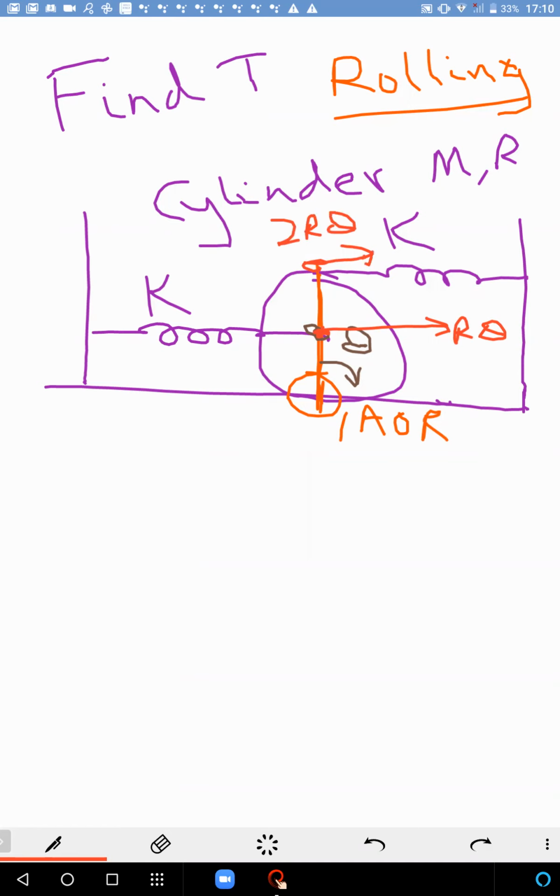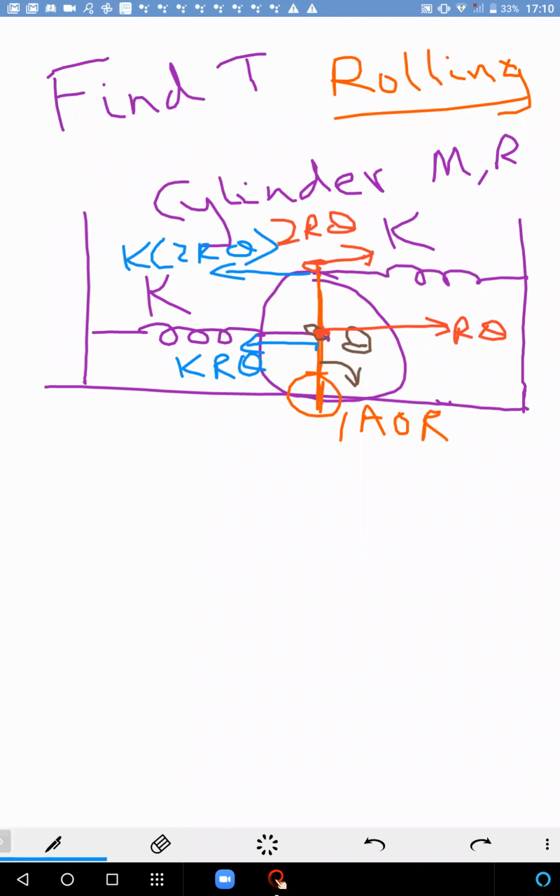So that is how the ends of the springs have moved. Now come to the forces. This spring has stretched by r theta, it doesn't like being stretched, so it will pull back with a force of k r theta. I drew the force in blue. The upper spring has been compressed, it doesn't like being compressed, so it pushes out by a force of k times 2r theta.